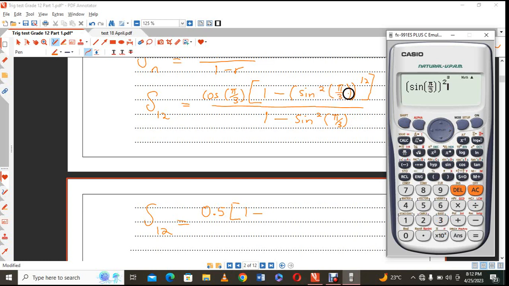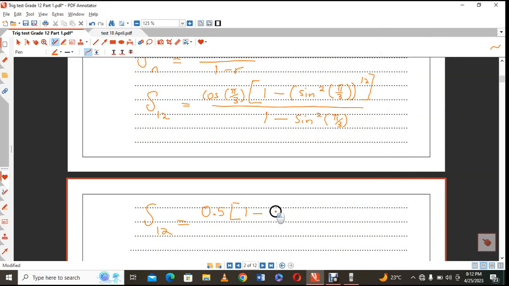Sine square theta, you say it's sine theta times sine theta. That's basically what it means. So sine of pi upon 3 times sine of pi upon 3, that is how you write it. You're going to get an answer of 0.75, which is 3/4. So I'm going to write here 0.75.